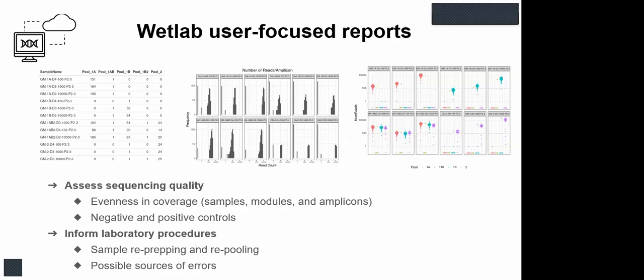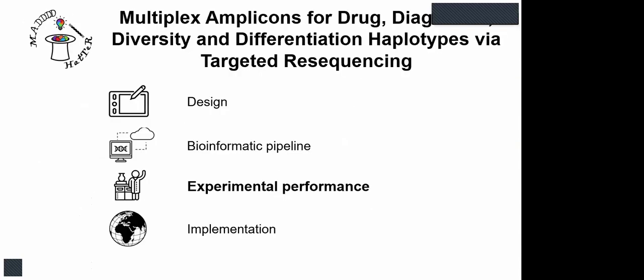And if a sample just has low coverage, but most of the other parameters are okay, the samples can be repooled and resequenced, but you don't have to start from scratch by reprepping, since it's all about coverage. And it also shows us the possible sources of errors in the data set and in the analysis. So basically, that's mainly the pipeline.